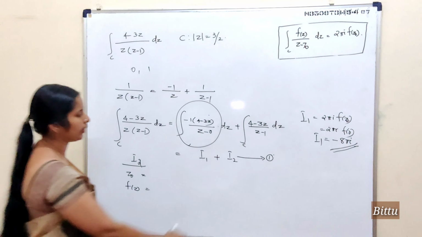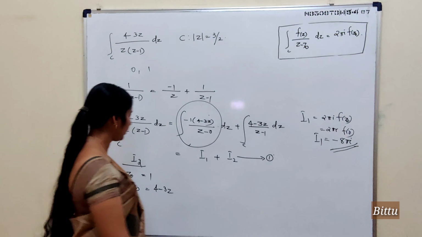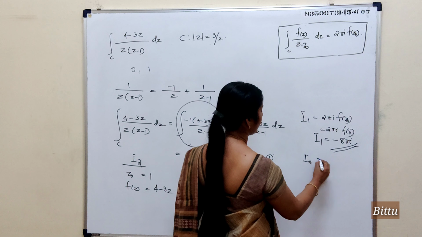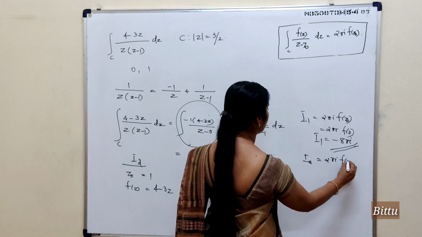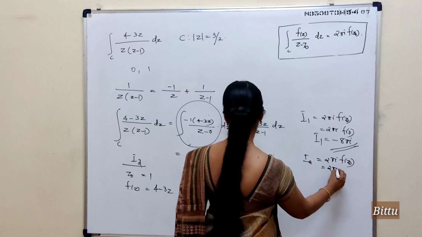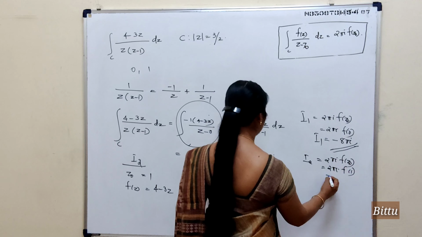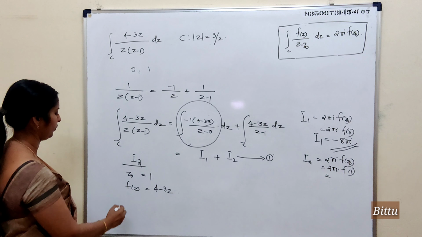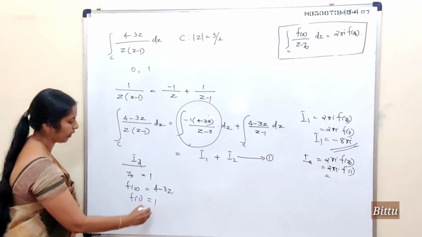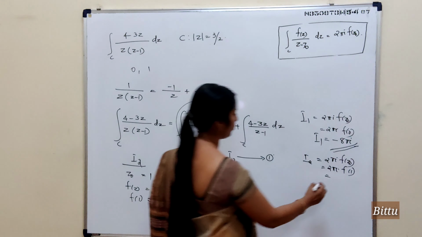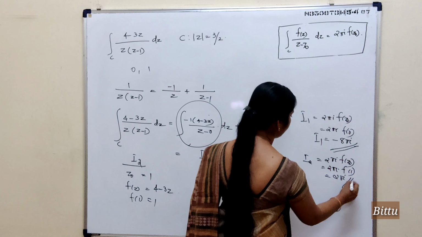So for evaluating I2, you have to keep z0 as 1 and f(z) as 4 minus 3z. Then I2 is given by 2 pi i f of z0. That is 2 pi i f of 1. f of 1 is again 1. So it is 2 pi i.